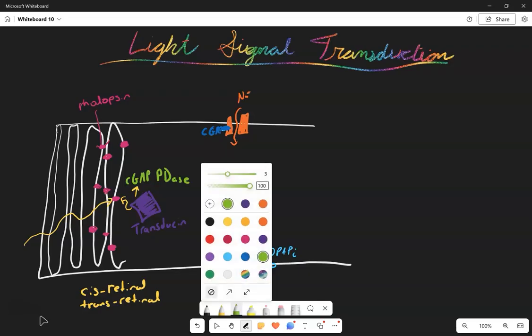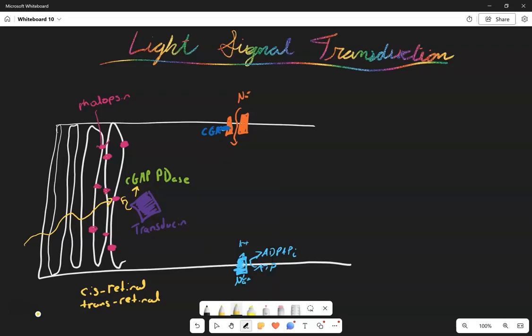And as you might imagine, that cyclic GMP phosphodiesterase comes over and it's going to take that cyclic GMP and break it down.